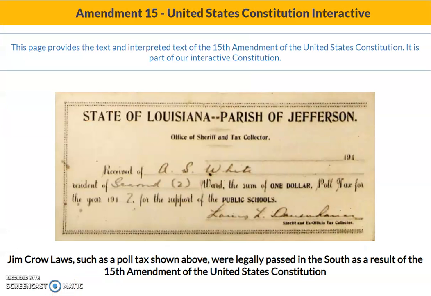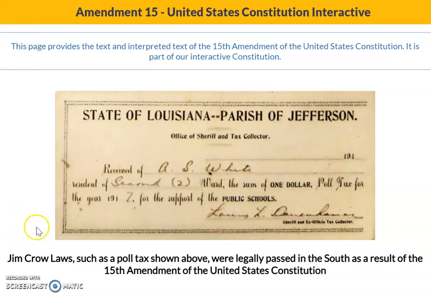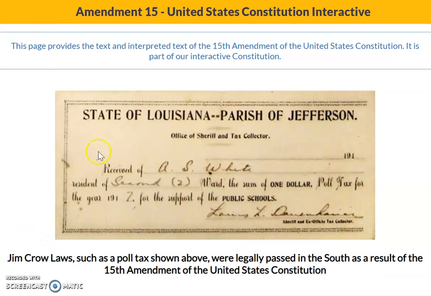Now let's look at Mr. Nussbaum's website about the 15th Amendment. This is a state of Louisiana, parish of Jefferson. Jim Crow laws, such as the poll tax above, were legally passed in the South as a result of the 15th Amendment of the United States Constitution.